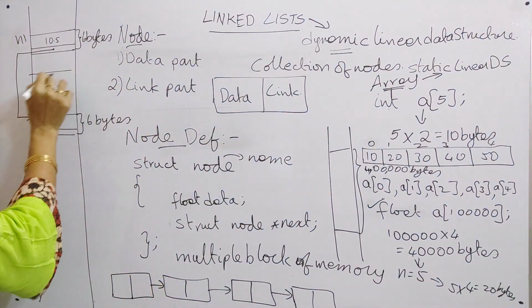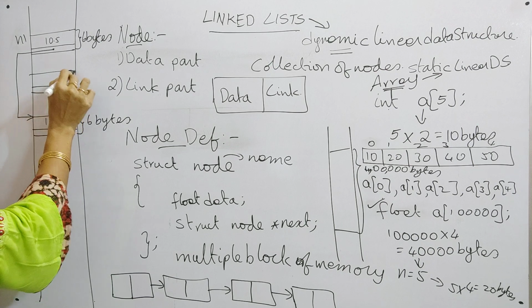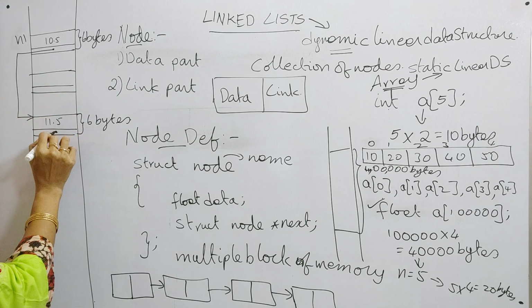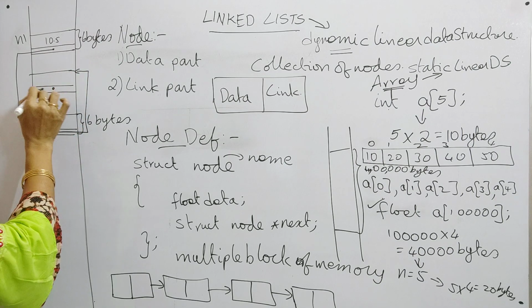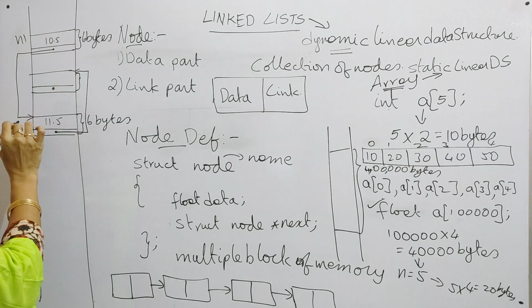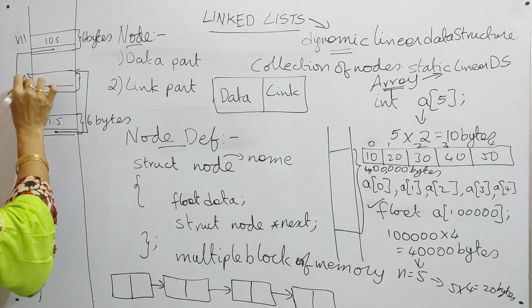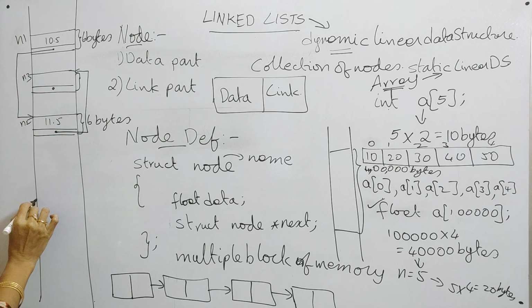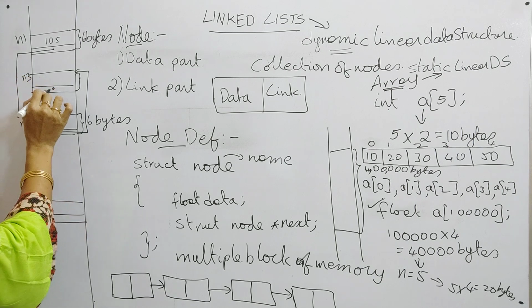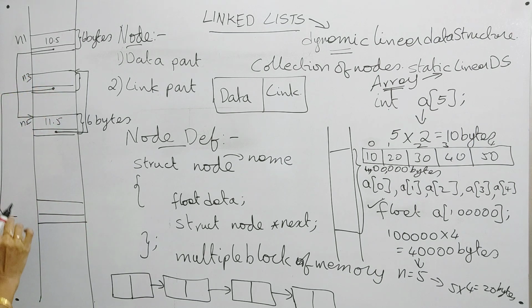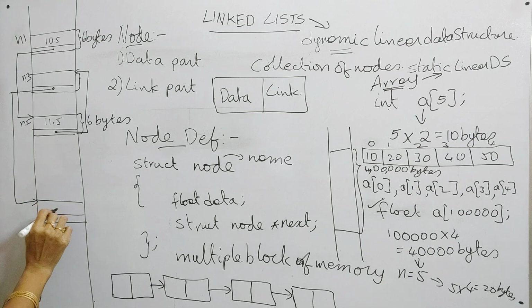Similarly you can have one more node here, that is the third node. Then this will point to this like this. Next, suppose you have one more node. So this is N2. This is N3. You have one more node here, and now this N3 will point to this node, that is N4, like this.